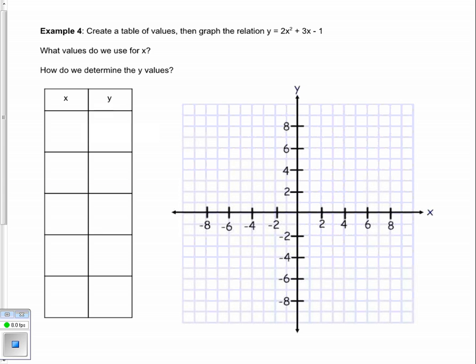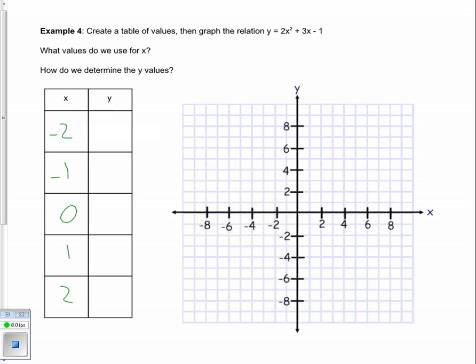So in this case, we'll just simply do -2, -1, 0, 1, and +2. Okay? And so this is just a very simple table of values that we're going to use, and we're going to actually use our substitution skills to solve for the y value given the equation above.